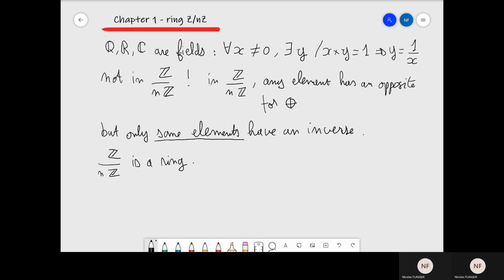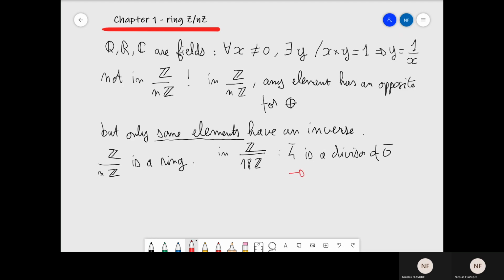So that's not really a problem at the moment. You know which elements have an inverse and which have not. And actually, the elements which don't have an inverse are the divisors of zero. So let's remember the latest example. In Z over 18Z, 4 bar is a divisor of 0 bar.